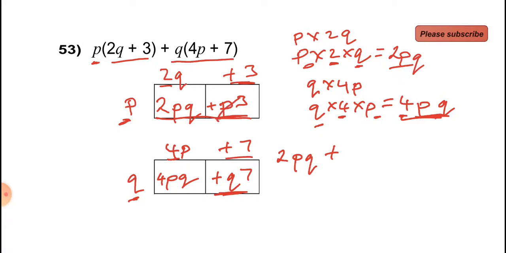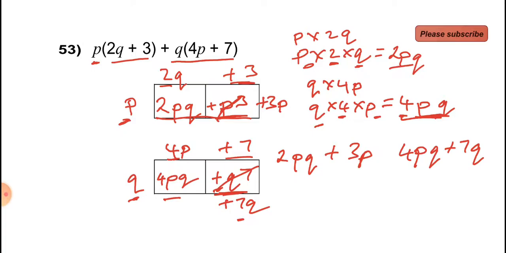So it would have been better to put plus 3p here, and here it would have been better to put plus 7q. So 2pq plus 3p, and from here we're going to take 4pq plus 7q, and the sign was positive, so it's just plus.